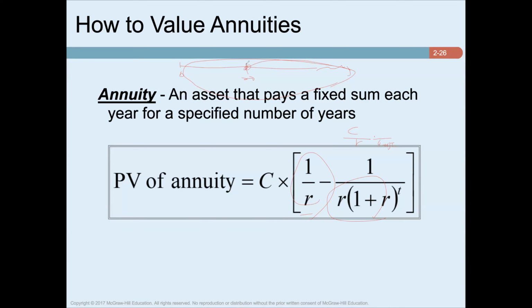The first perpetuity is from here to here, and the second part is from here to here. By using this minus this, we get this value. This is the annuity, from year 0 to 20. Assuming T equals 20, this is a 20-year annuity. So that's how we calculate annuity.